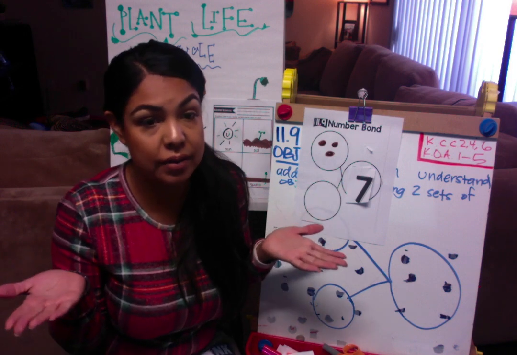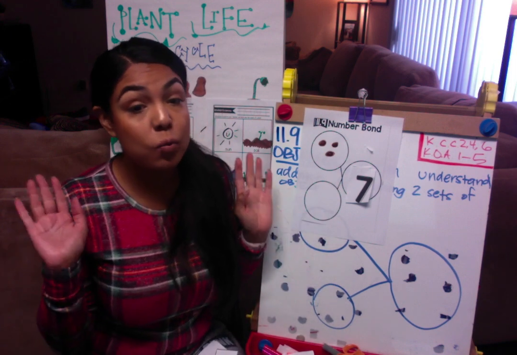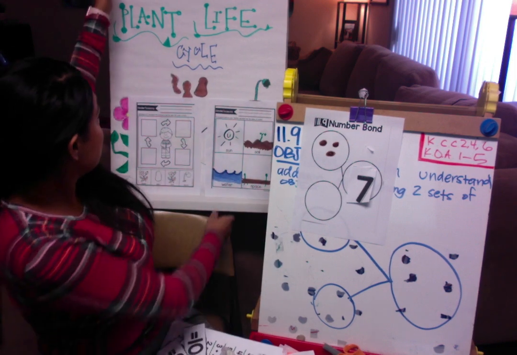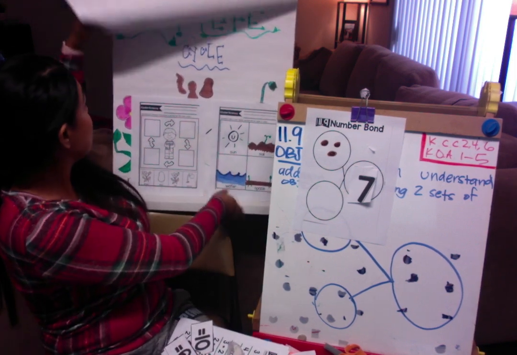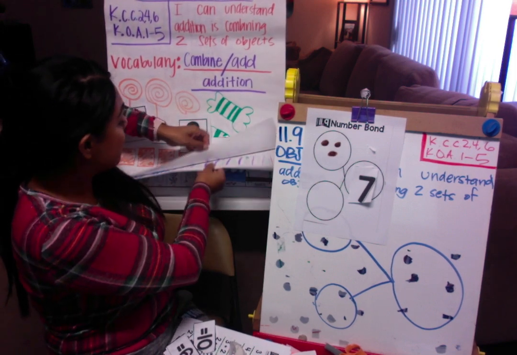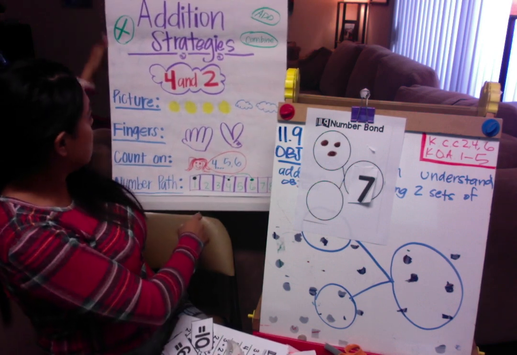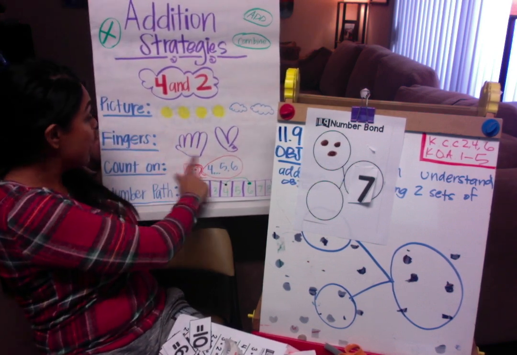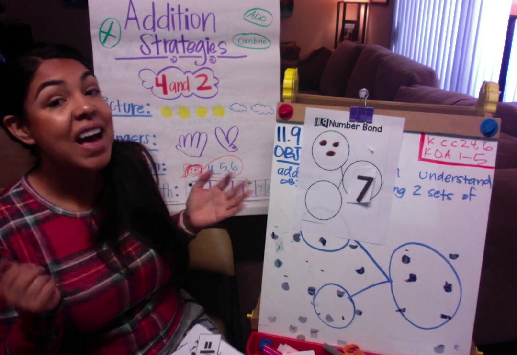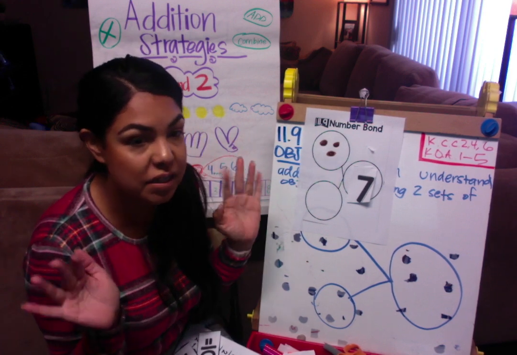Now, if I know that 3 of the cats were brown, now how many were black? We got to solve for this mystery, right? So I can use a couple of my math strategies here. Now, if you guys remember some of our math strategies, I think that the easiest one here for Misty to use is probably my picture or even my fingers or maybe even counting on. Okay, Misty is going to use her fingers to solve for the mystery.